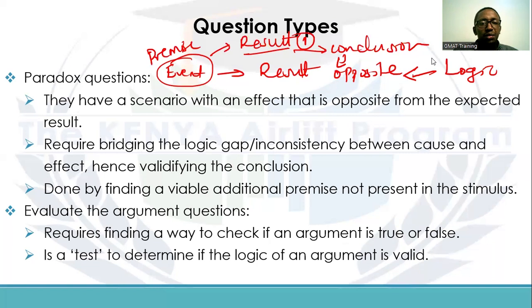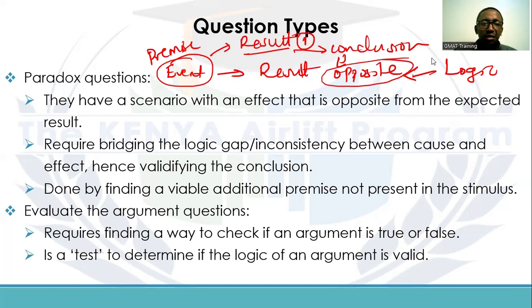So this means, again, bridging a logic gap, because there is something missing that we do not know. So it requires you to find an additional premise that validates this conclusion.